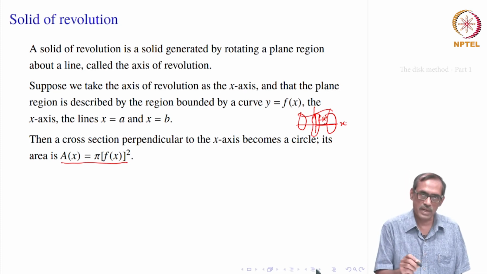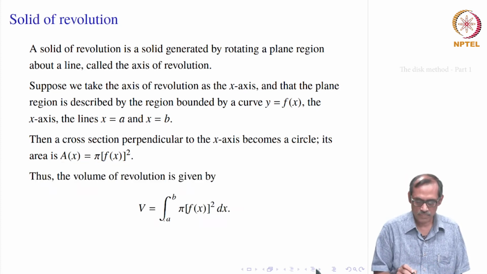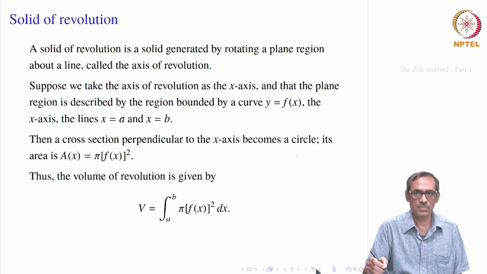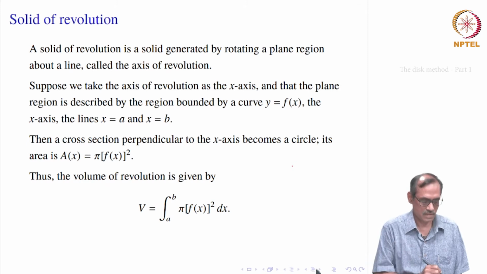Therefore, the volume of the solid by the slice method is the integral from a to b of pi times f of x square dx. This will be our generic formula in the disk method. We call it the disk method because the slice we obtain is a disk.